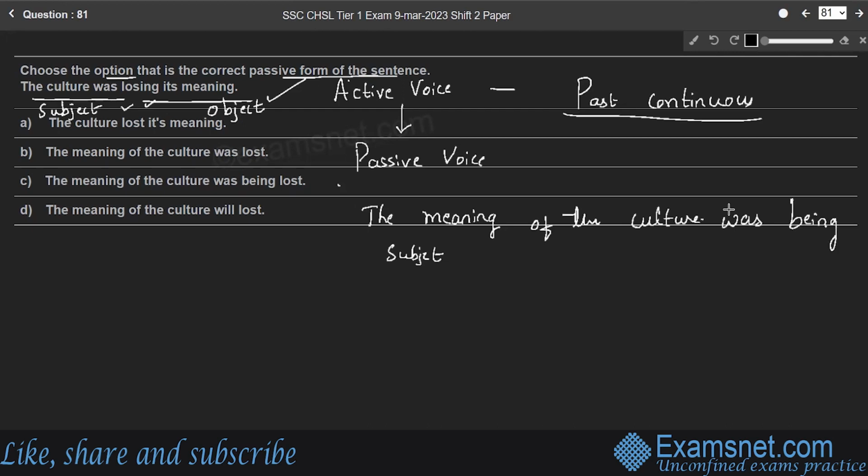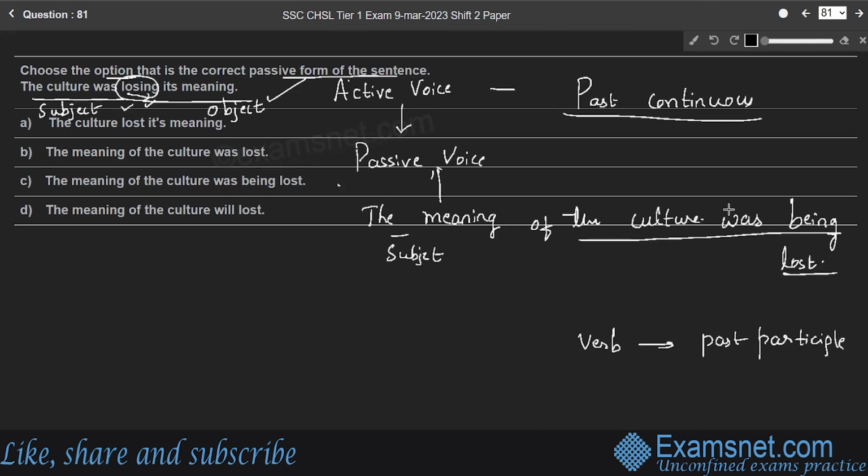Was being, right? Now, the past participle of the verb lose is lost. Therefore, the meaning of the culture was being lost is the passive voice form of the given sentence. Looking at the options, option C is the right answer.